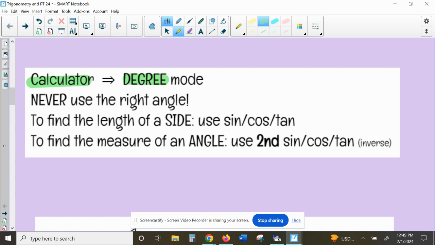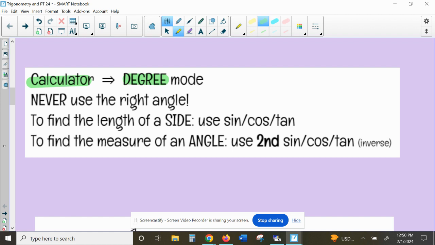So if you're sitting next to somebody and you're both working on a problem and one person says, I got 1.27456, and he says, I got 6.238, the first thing you should both look at is, does it say degree at the bottom of your calculator? Because you will get wrong answers if you don't have degree. Okay, so check that always first. I will try to remind you as we start class, but I know some people don't listen or you might not be here when we start class, so make sure your calculator's on the correct mode.